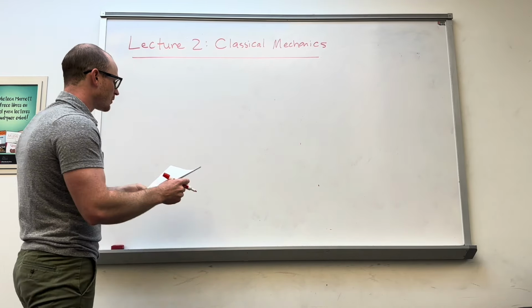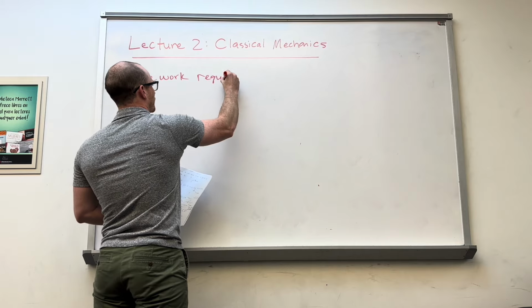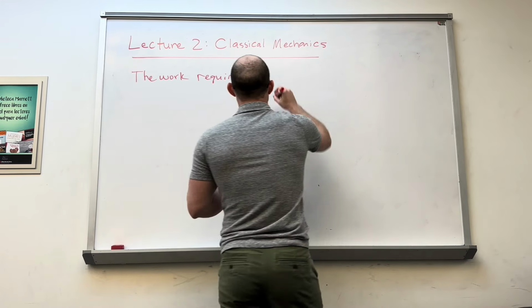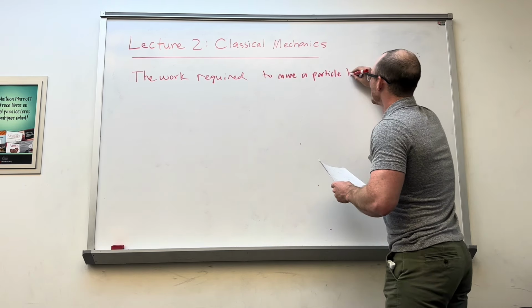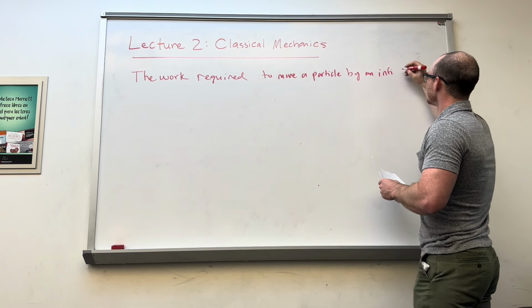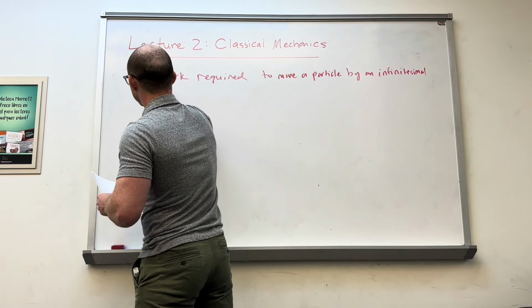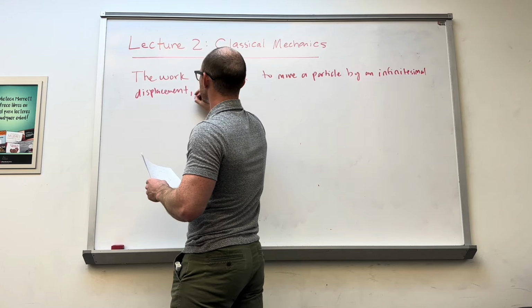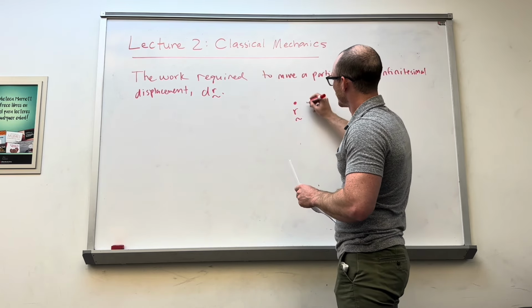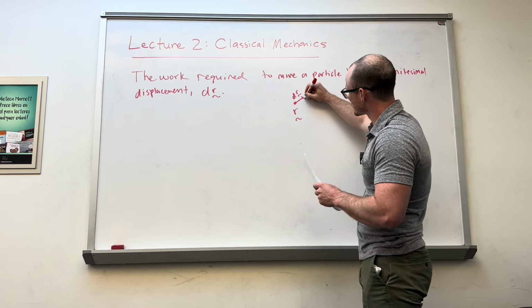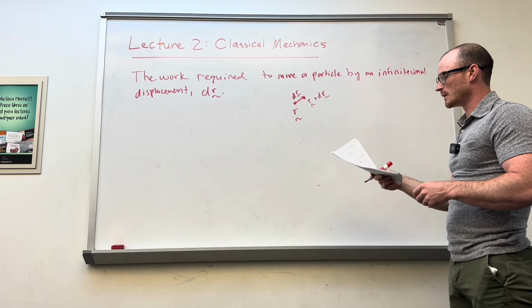Well, what we'll do is look at the work required to move the particle by an infinitesimal displacement, dr. So the idea is we have the particle at r, and we're going to displace it by that little infinitesimal dr to give us r plus dr. And we want to quantify the work in this process.